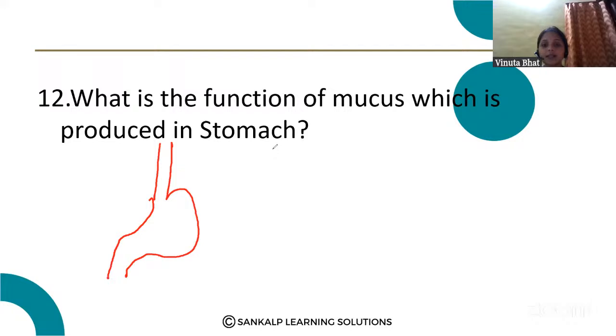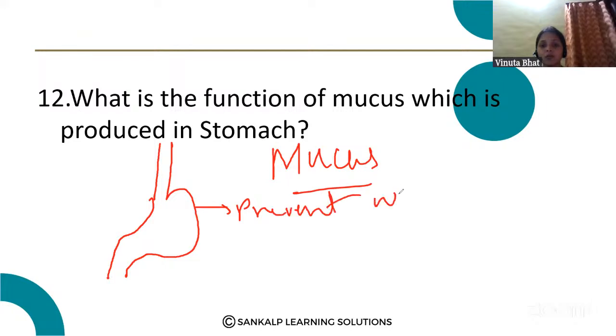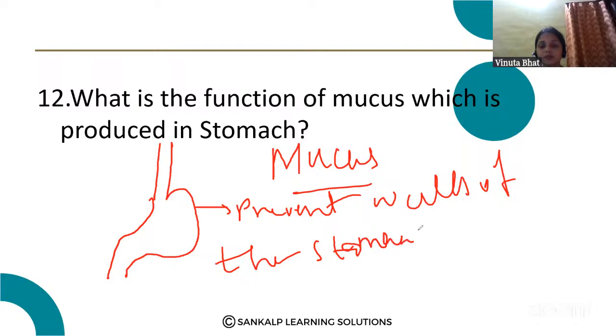This mucus is a jelly-like substance which prevents the walls of the stomach from the HCl, that is an acid. HCl can damage the walls of the stomach, but this mucus prevents the damage.